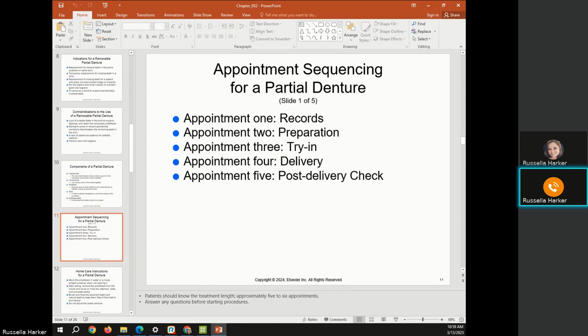The patient returns a few days after delivery, and you check for any sore spots, make sure it's fitting correctly, make sure there are no pressure areas, and make any minor adjustments. Then make sure the dentist and the patient are satisfied with the prosthesis and it's functioning correctly. Then the patient is given a recall appointment for several months later, as long as everything is fitting and looking good.